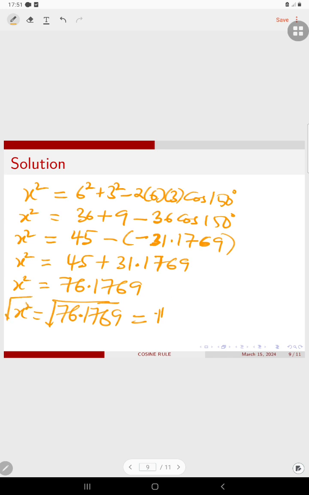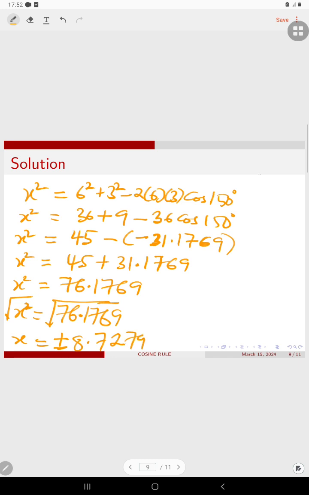Take the square root of both sides, of course. X will be plus or minus. I want to go systematically, that is why I'm cleaning it. So square root of 76.1769, you get 8.7279.